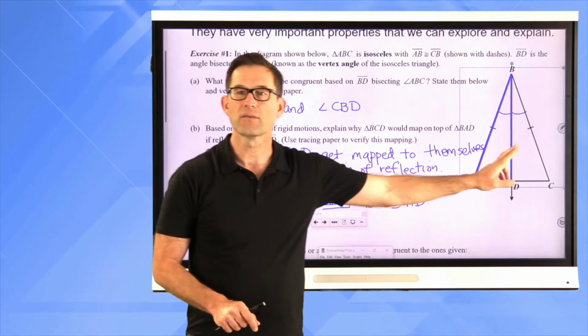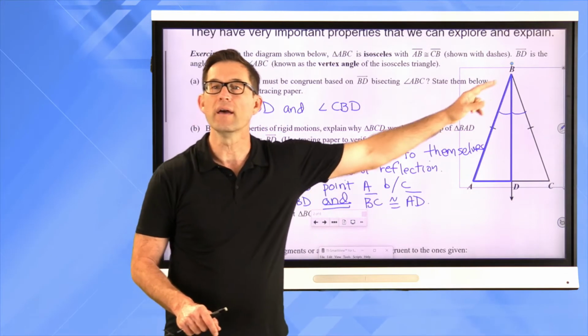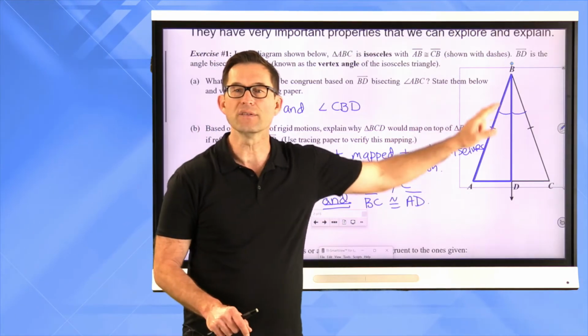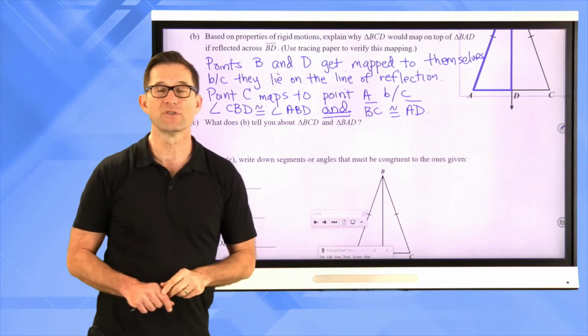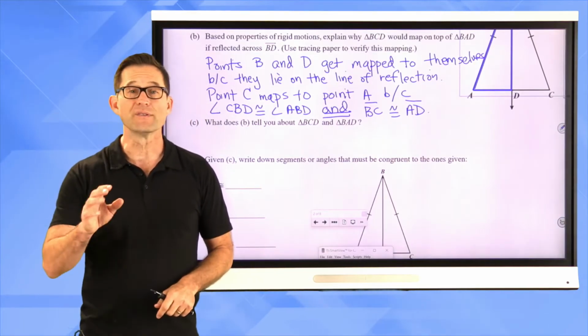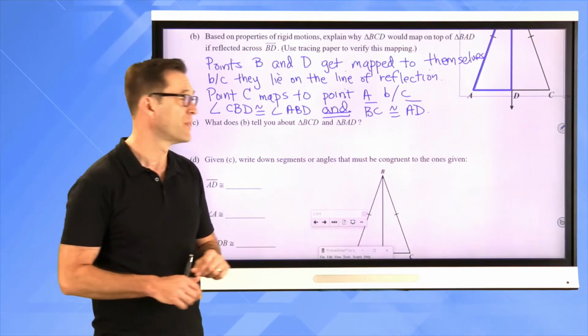Now the fact that when I reflect that triangle across that ray, it maps exactly onto this triangle, what does that tell you about those two triangles? Well, this is critical. It tells you the two triangles are congruent.